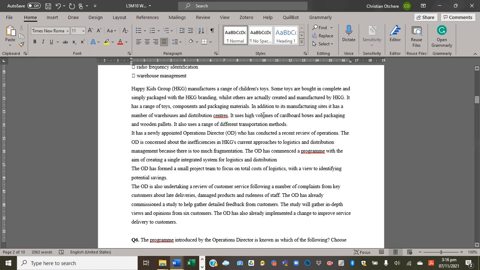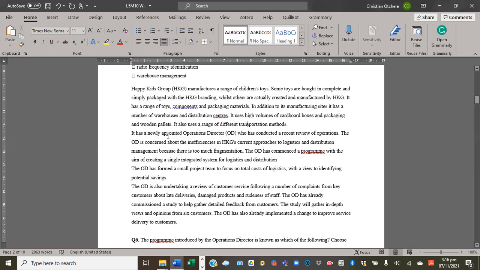It uses high volumes of cardboard boxes and packaging and wooden pallets. It also uses a range of different transportation methods. So we are talking about HKG. They are into packaging, and they use various transportation methods as well.